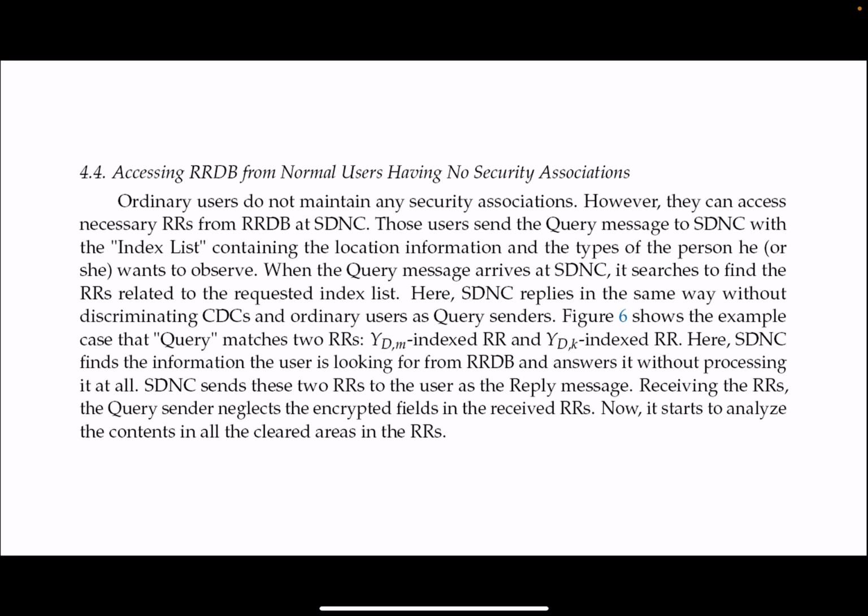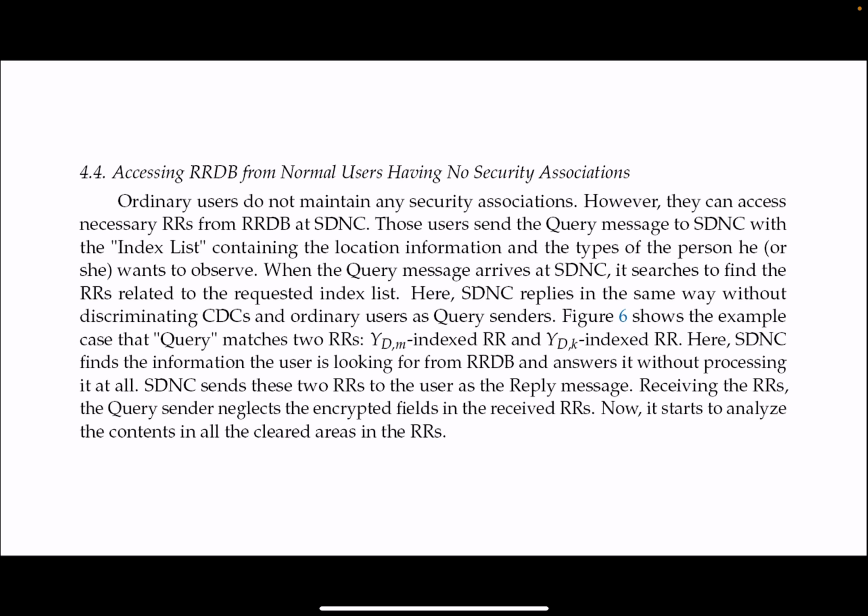Here SDNC finds the information the user is looking for from RRDB and answers it without processing at all. SDNC sends these two RRs to the user as a reply message. Receiving the RR, the query sender neglects the encrypted field in the received RR.